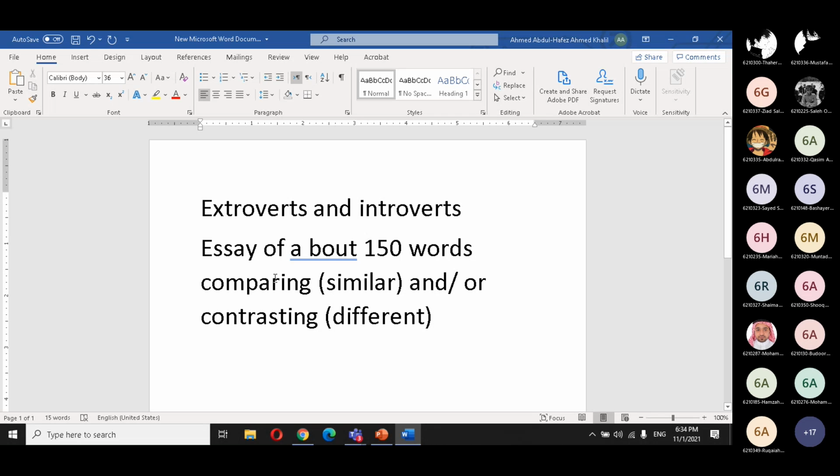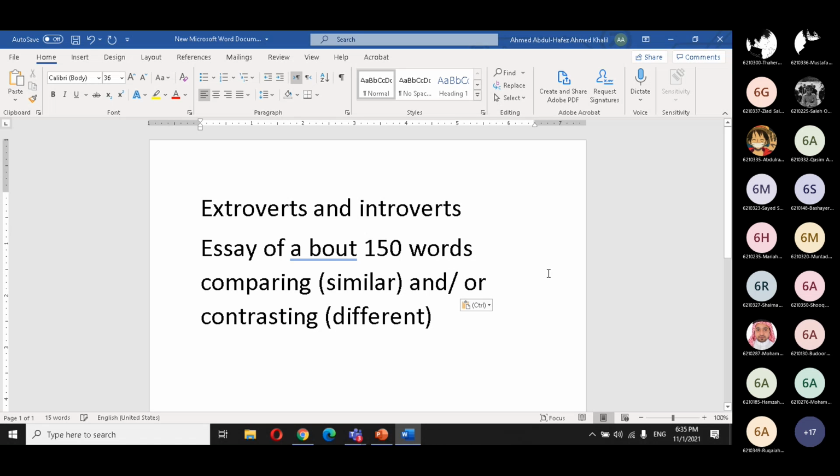So when I say comparing and or contrasting, it means that you can only compare. You can only write about the similarities. Or you can only write about the differences. So this is the meaning of comparing or contrasting: you write about similarities or differences.